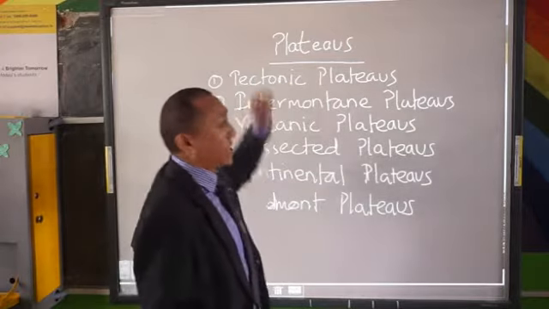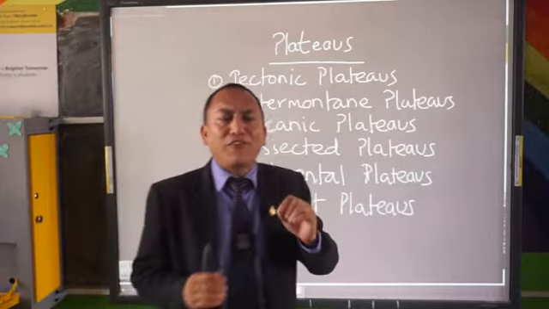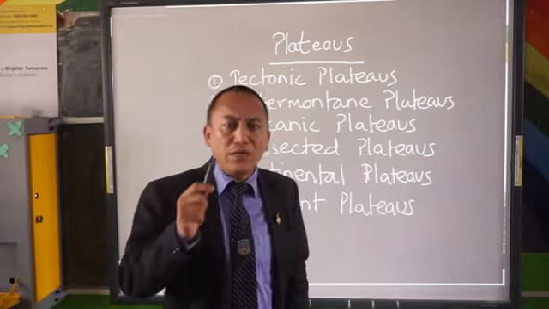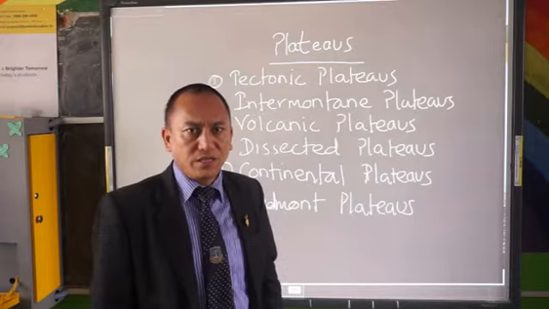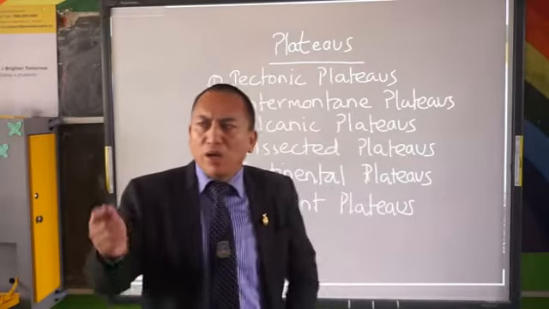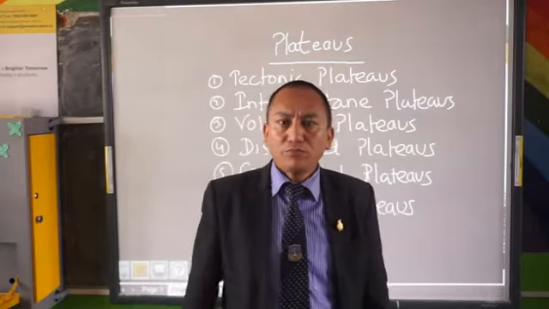Now we go to the next one, that is plateaus. What are plateaus? In very simple terms, plateaus are flat lands with steep sides. They are also called tablelands. Now, types of plateau, we have the diastrophic plateau.